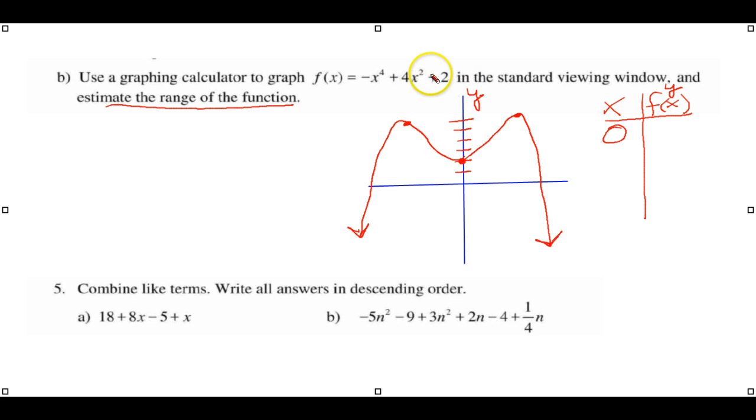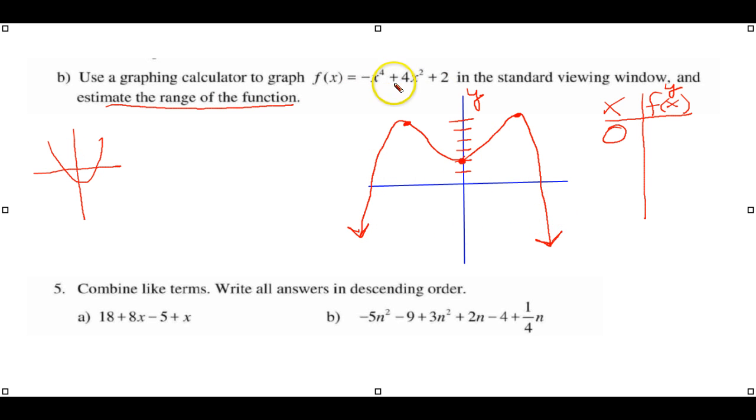Now, a couple of things about looking at an equation like this, or a function: if your first term is negative, then these parabolas are going to open up to the bottom. If your first term is positive, parabolas open up to the top. If they're negative, they open up to the bottom.